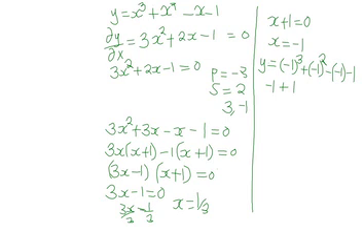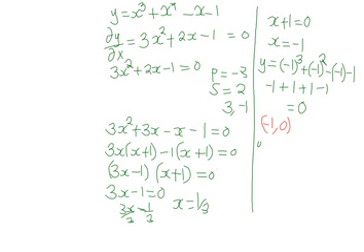Then we have negative negative, so it's positive 1, and then minus 1, and this is 0. So one of the stationary points is negative 1 and 0. Now we get the other y coordinate when the value of x is a third.